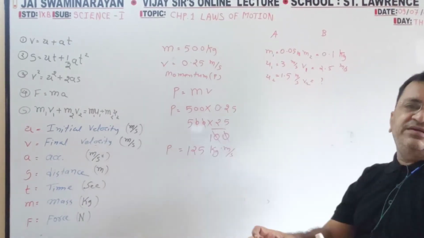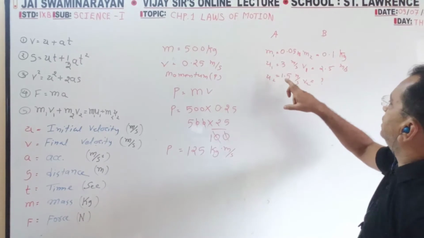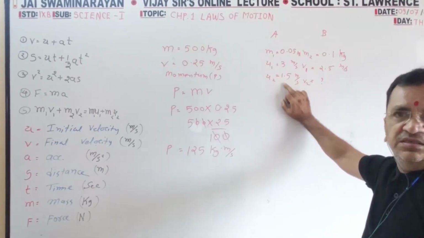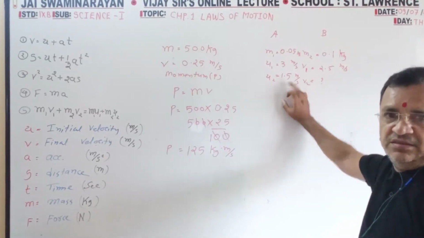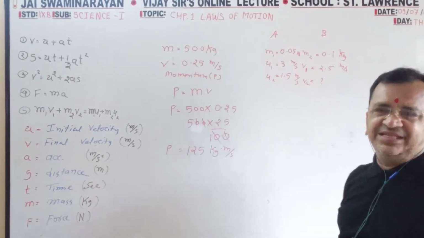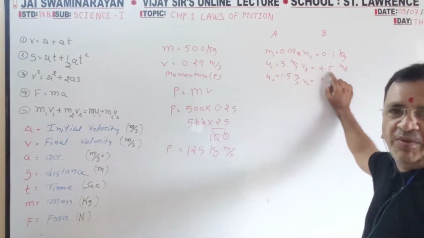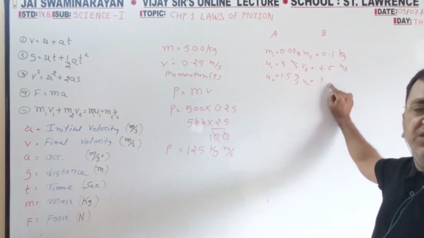When they collide, starting velocity is 3 meter and 1.5 meter. After collision, when they rebound, their velocity of A is 2.5. What will be for B?